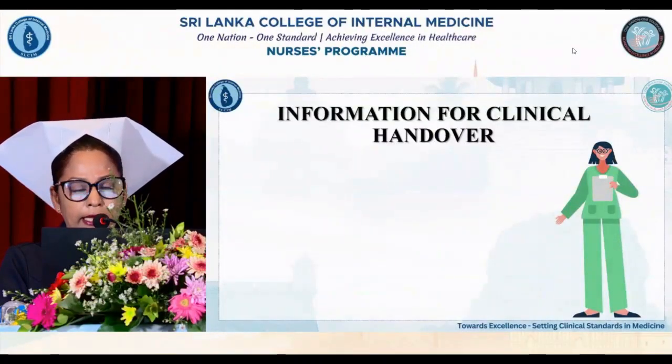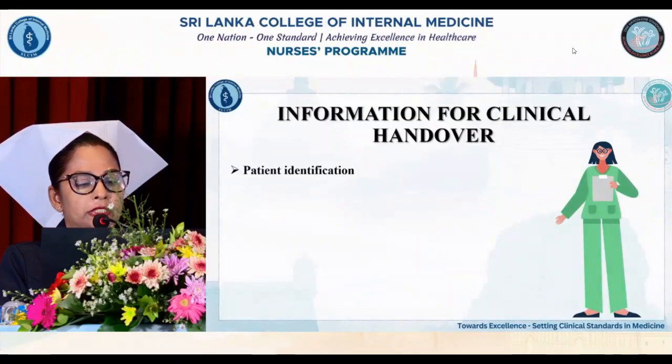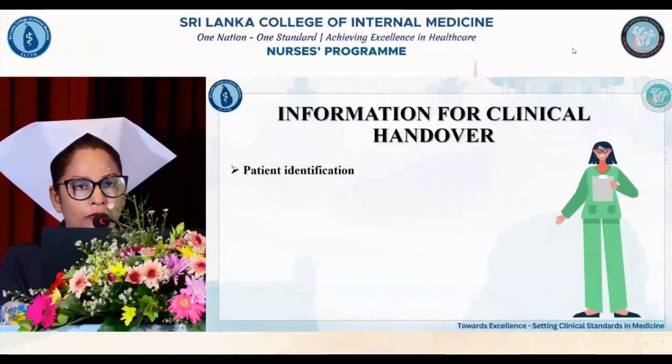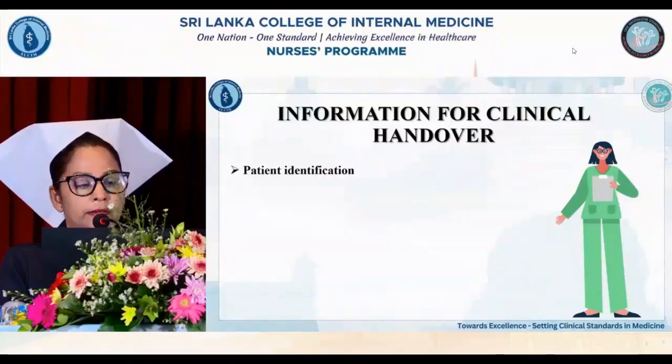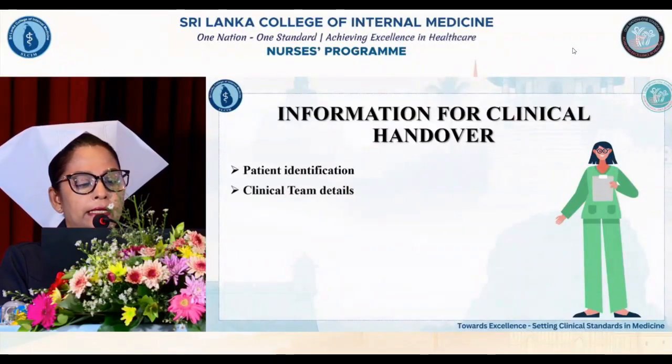Information for clinical handover. Patient identification: first of all, we have to know who is the patient that we are going to hand over. Next, clinical team details: who is the consultant, who is the doctor, who is the registrar or SR of the next shift.